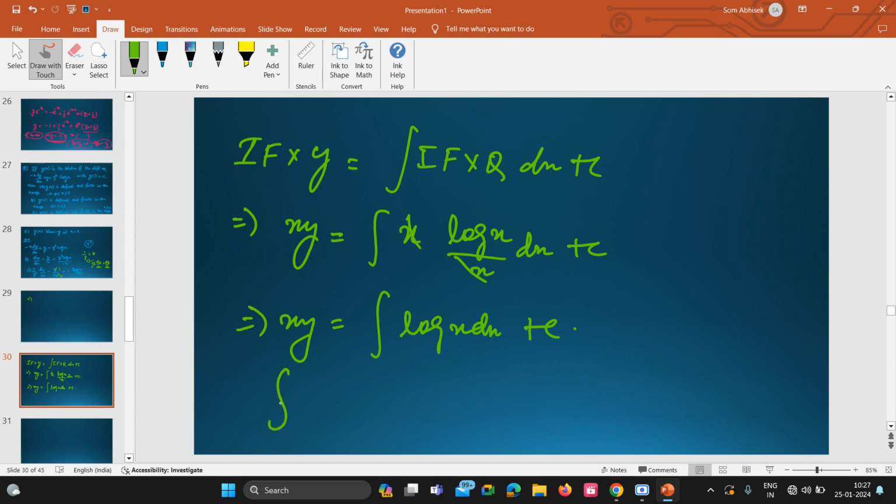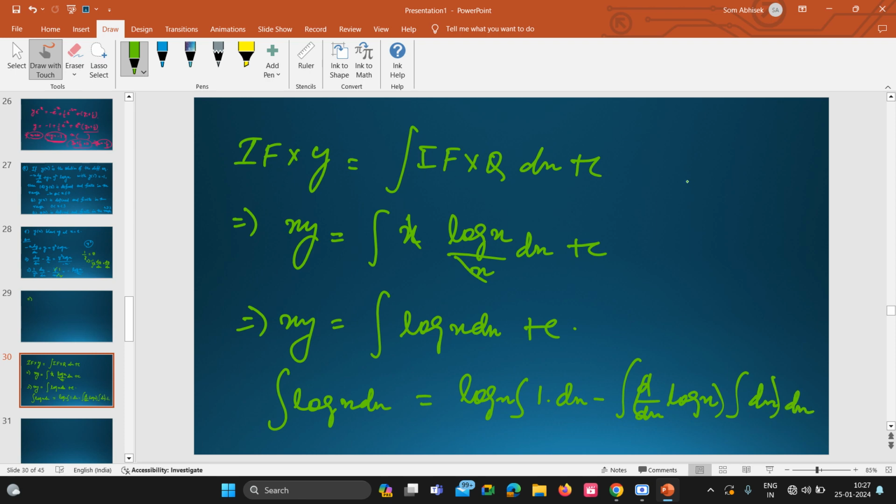So integration of log x dx, how much? We have to do it by parts here. So log x into 1 dx minus integral of the derivative of log x times the integral of 1. So that will be x log x minus 1 by x into x, that is x log x minus x.